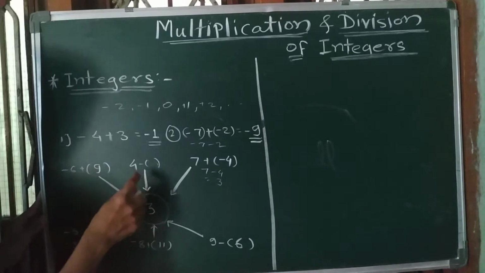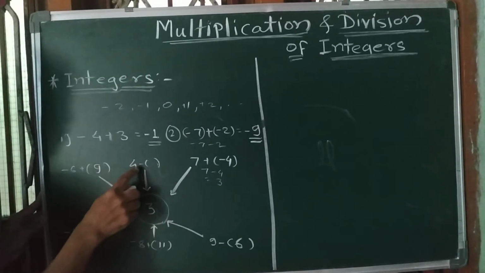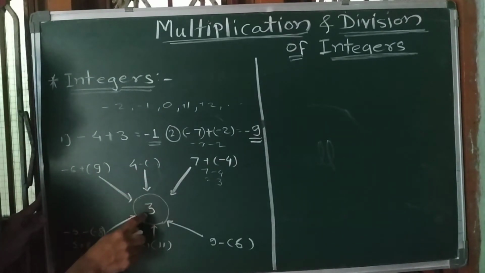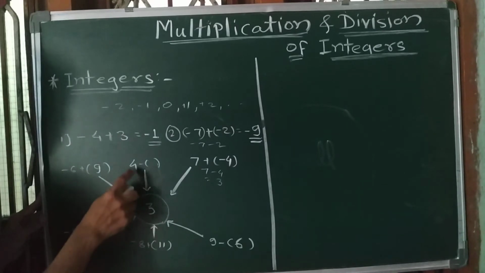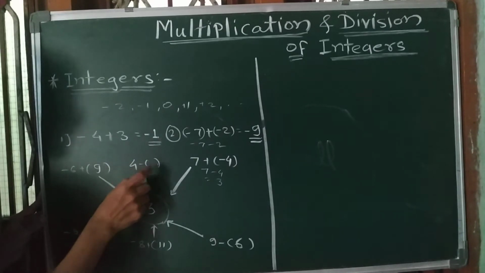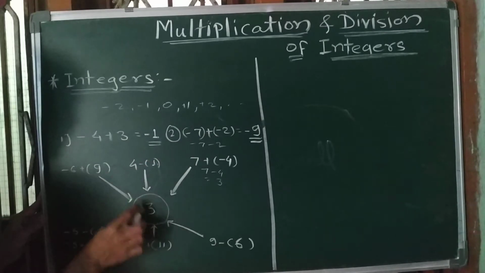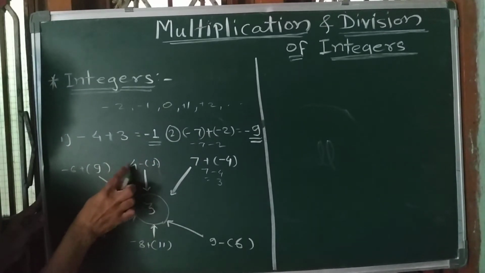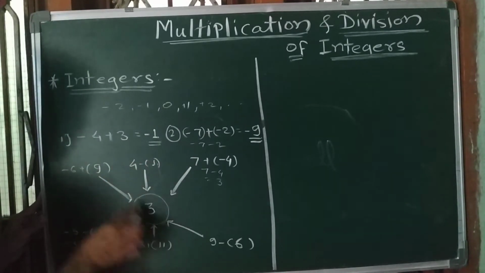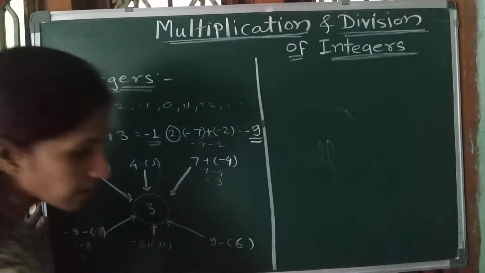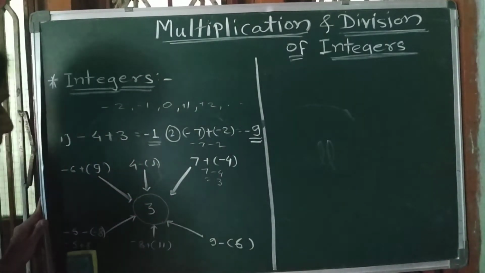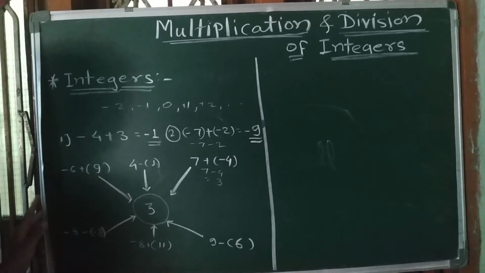Understood? Here it is 4 minus what? Here should be a 3. If you subtract 4 minus 1, what remains? 3, and 4 is the greater number with a positive sign. So 3 has a positive sign. This is the addition and subtraction of integers.